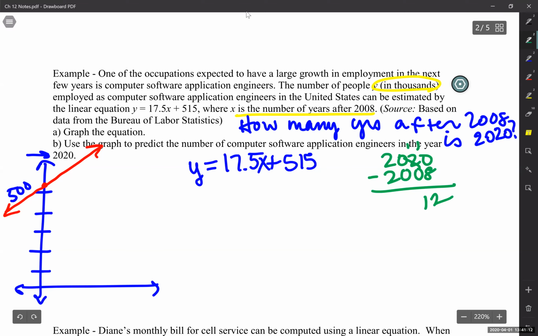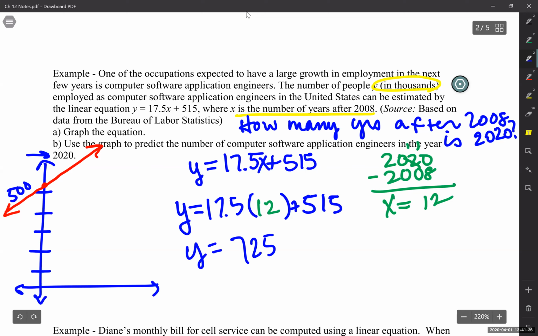So in this example, x is going to equal 12 because x is the number of years after 2008. So I take my whole equation, and then I plug in that 12 for x. Throw that into your calculator, and you get that y is 725.